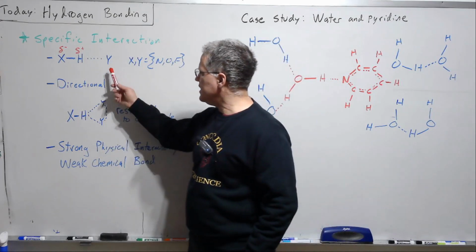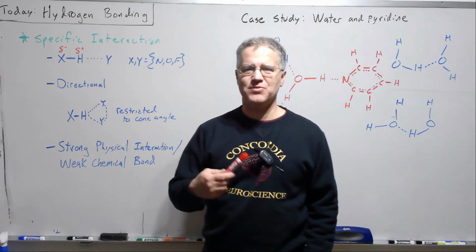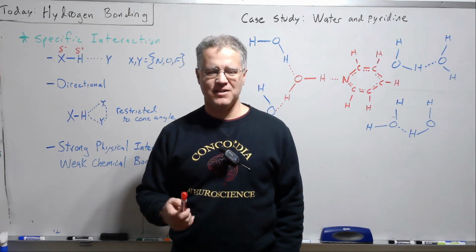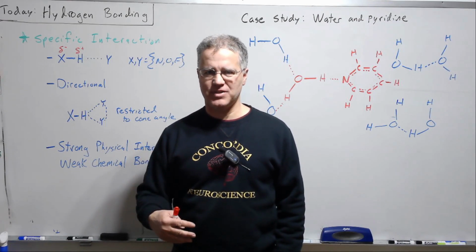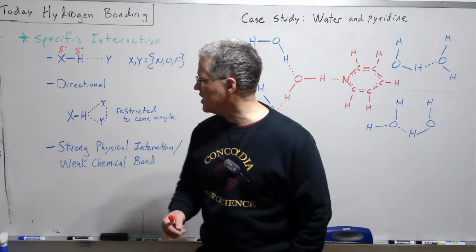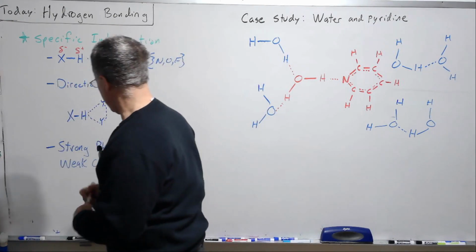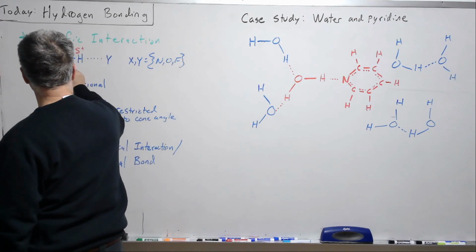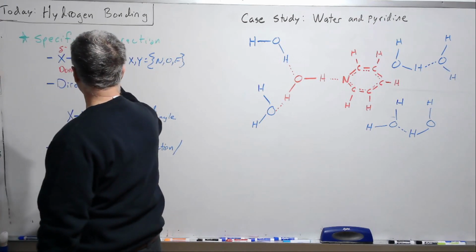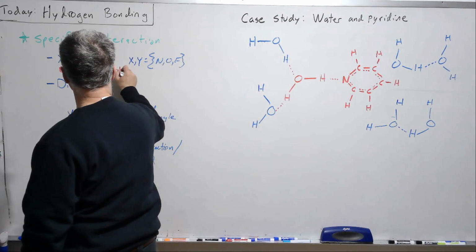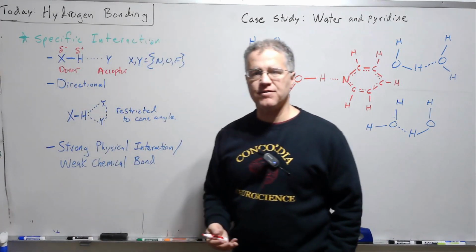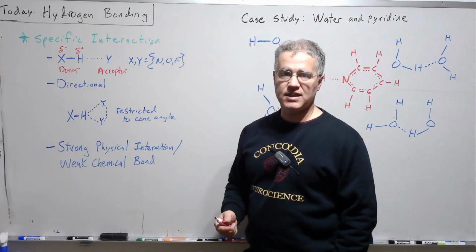Now, it's a little bit awkward to say which one's donating, which one's accepting, and you'll see different things in the literature. On the one hand, this would be considered the hydrogen bond donor, and this would be the acceptor, if we're thinking about it from the point of view of the hydrogen.